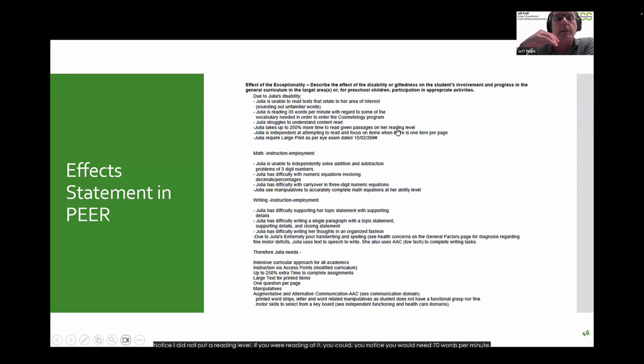If you were reading at it, you notice she reads 70 words per minute. In the strengths area, she's reading 5 to 7 letter sentence words. So basically, we're describing a 2nd grade reading level, but we don't want to put 2nd grade in the IEP because the IEP doesn't care what grade they're in. They only want to know about what they can and can't do.